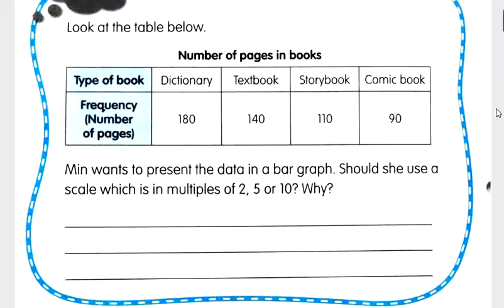Okay, I repeat. She should use a scale in multiples of 10 because the number of pages given are in multiples of 10. Okay, that is the answer.